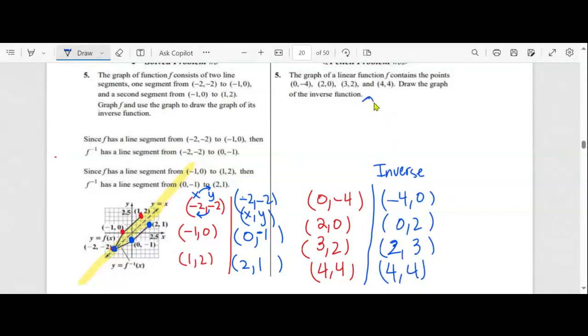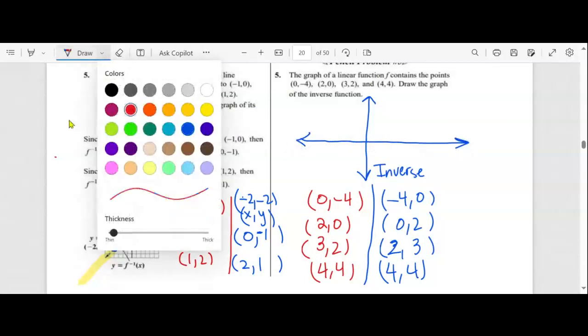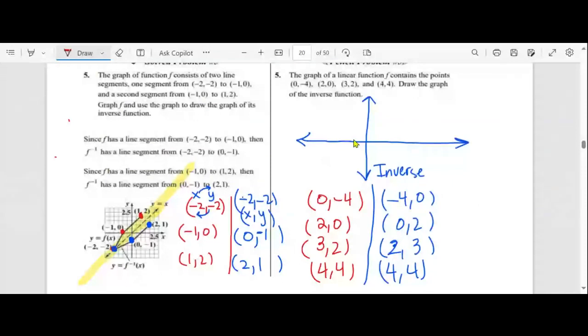And then when you graph it, yes. So where is 0, -4? Here. 2 and 0. 3 and 2. What is 3 and 2? 3 is here. 2 where? And 4 and 4.